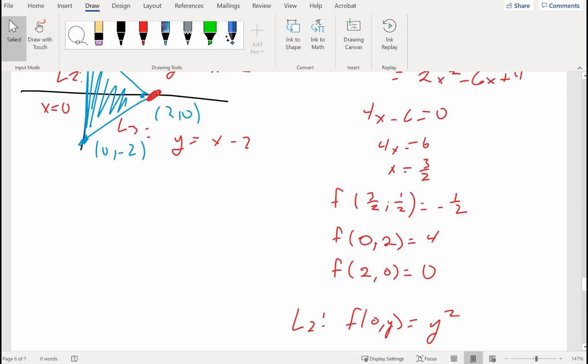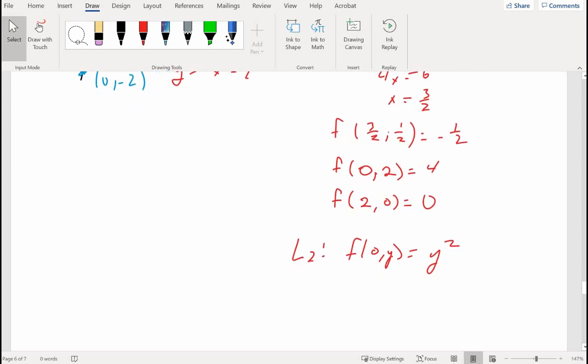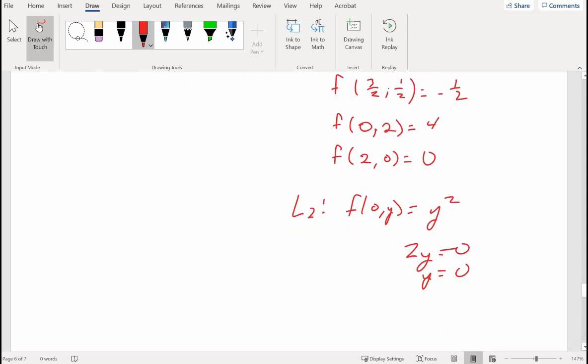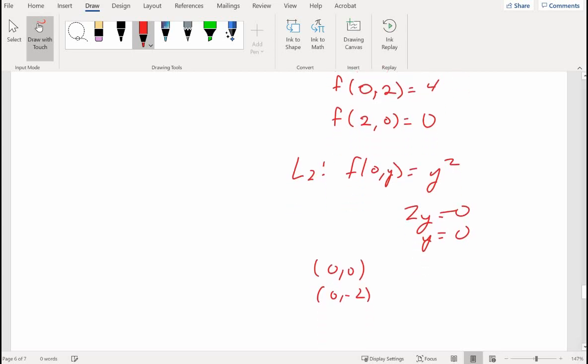You need to be careful about the corner points on that one, because the derivative of y squared is 0 when y is equal to 0. So we have 3 points to check: (0, 0), (0, -2), and (0, 2). I'm going to look at my function at each of those 3 points.